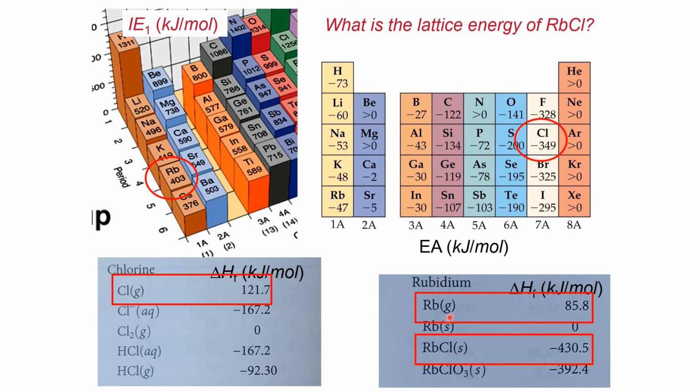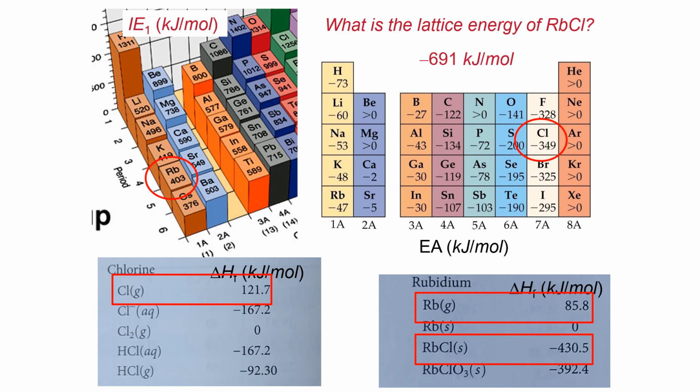This heat of formation of gaseous rubidium is the same thing as the enthalpy of sublimation. And this enthalpy of formation of chlorine is going to be comparable to the bond dissociation energy of Cl2. So hit pause or come back, but scribble these numbers down and you've got all the information you need, and give it a go.